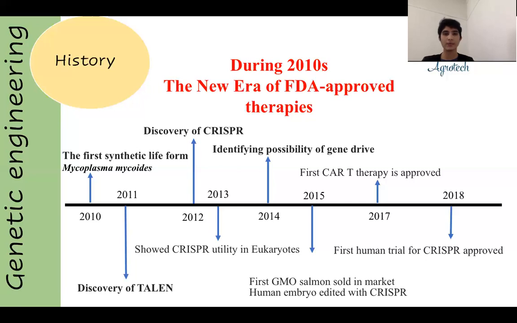As I understand, scientists are using recombinant DNA technology and other gene editing tools such as CRISPR and TALEN to develop the vaccine against COVID-19.